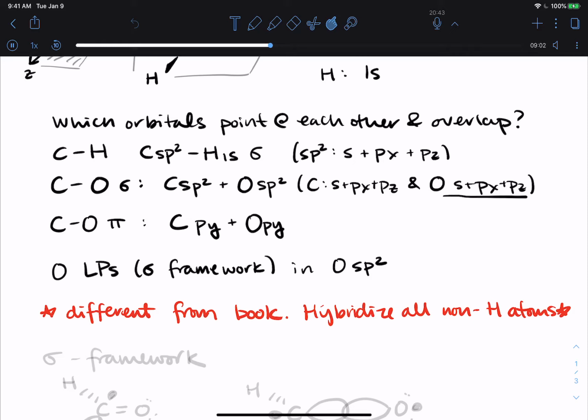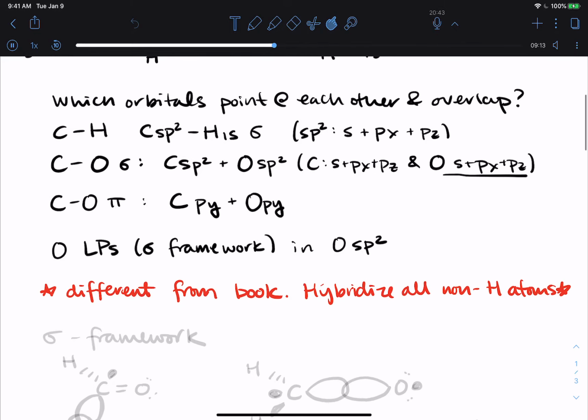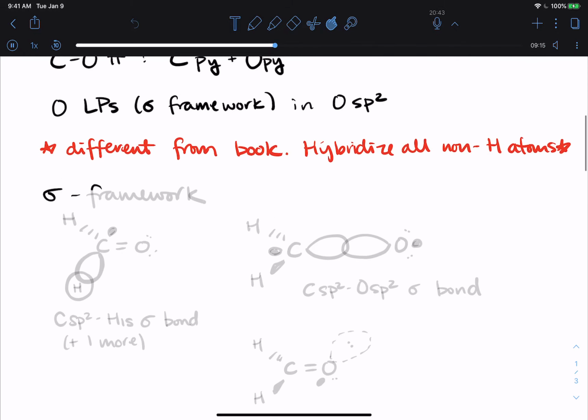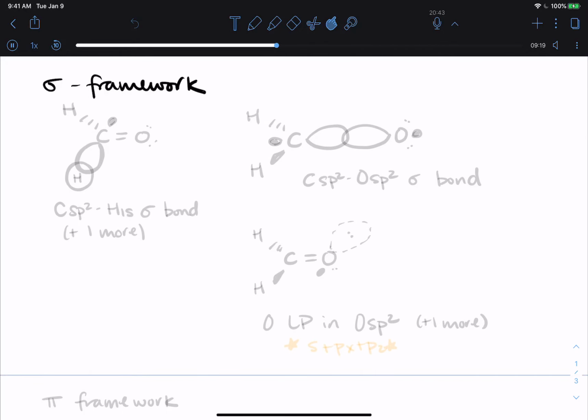All right. So I have kind of a plan, right? I know what's making each bond. I know which direction it's pointed in. So let's draw some pictures. So my sigma framework, my carbon-hydrogen bond. Now the way that I've drawn these, I don't have a choice on putting one of them in the plane of the paper.